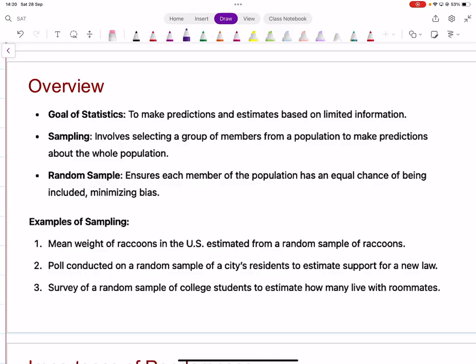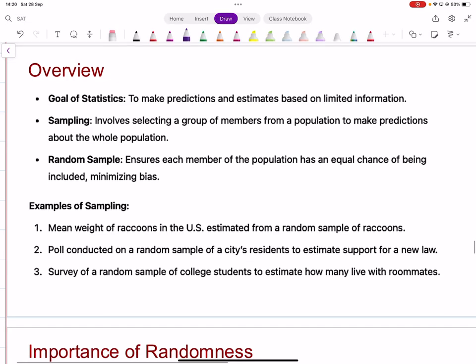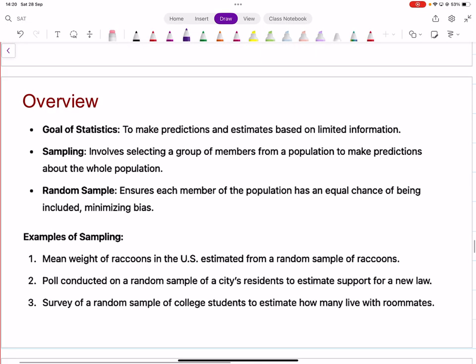Okay. Now, these are some examples that statistics can be used for. For example, you can do a survey of college students to estimate how many of them live with roommates. So, for example, a university has 10,000 students. You want to understand if out of 10,000 of them, 7,000 live in hostels, let's say. Okay.